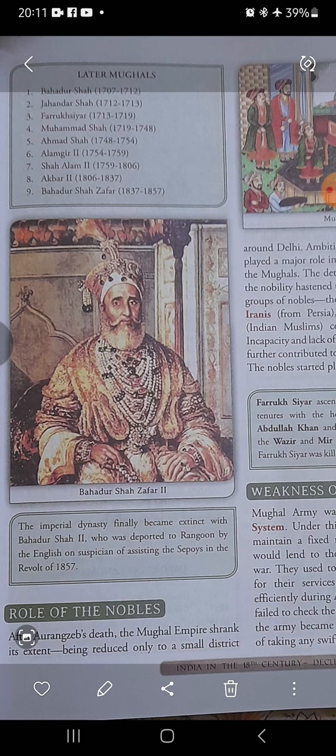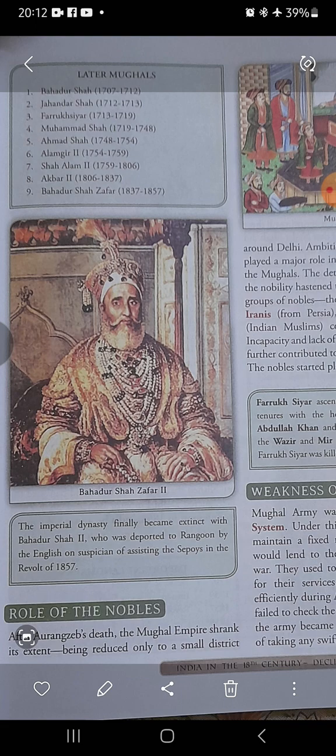Role of the nobles. After Aurangzeb's death, the Mughal Empire shrank. That means the extent came down because it no longer could prevent the wars over the authority of the lands. That is why they became reduced to only small districts. The deterioration in the character of nobility hastened the process of the decline.